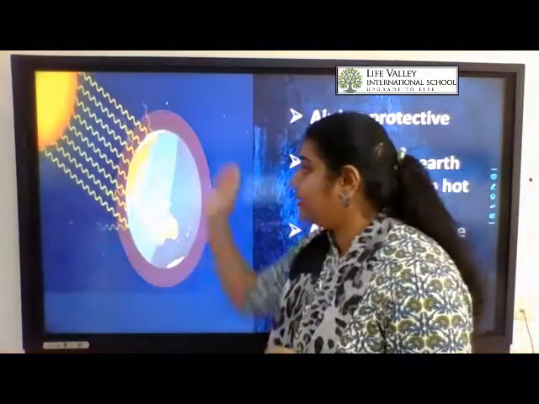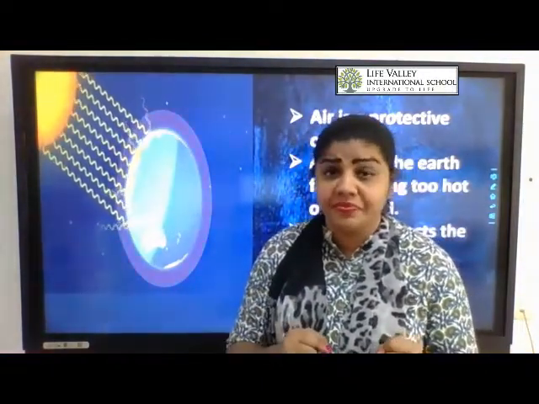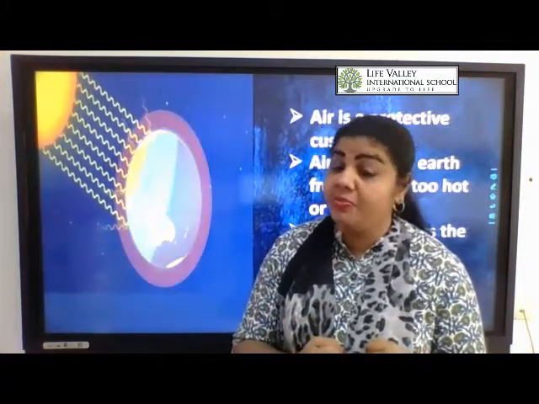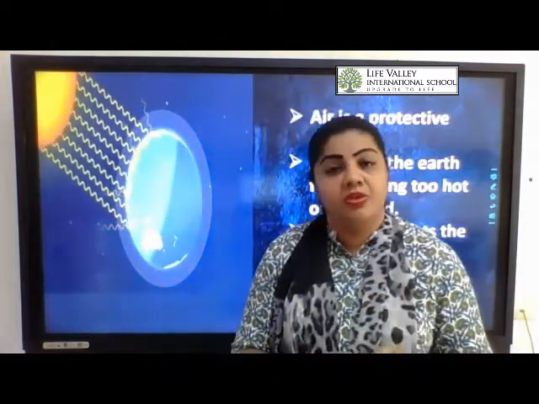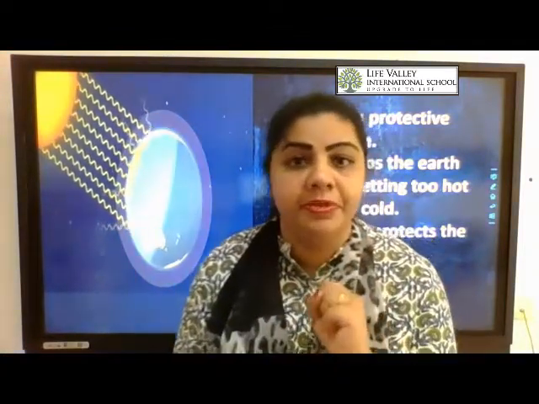So, the air in the atmosphere protects us from too much sunlight, from getting too cold, and it also protects us from the space rocks. So when these meteoroids enter the Earth's atmosphere, they get burned up into dust grains.